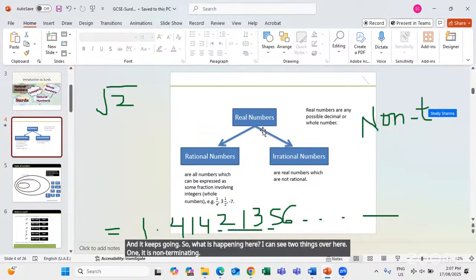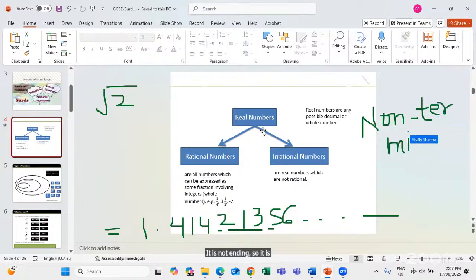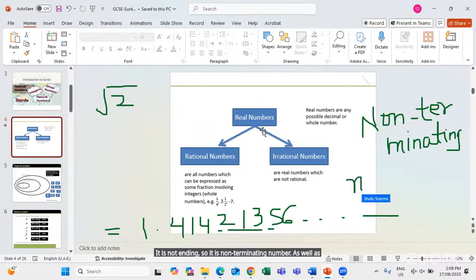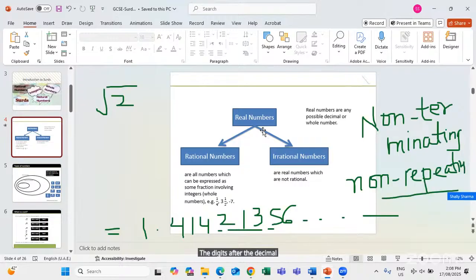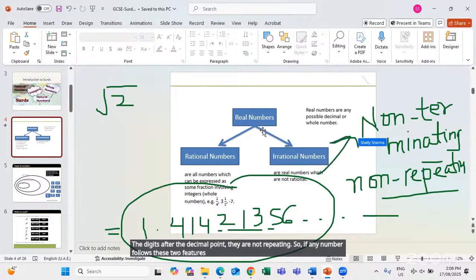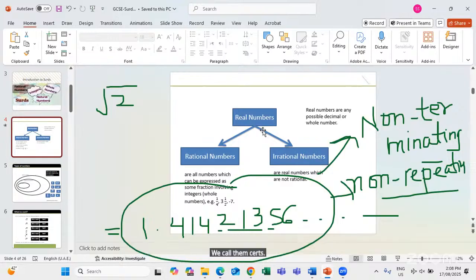It is not ending. It is also non-repeating. The digits after the decimal point are not repeating. So if any number follows these two features, non-terminating and non-repeating, both at the same time, we call them, sorry, we call them irrational numbers.